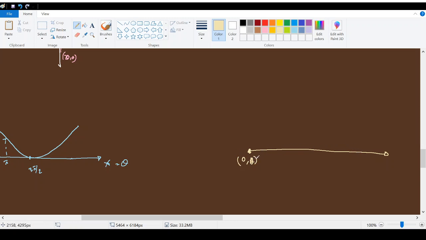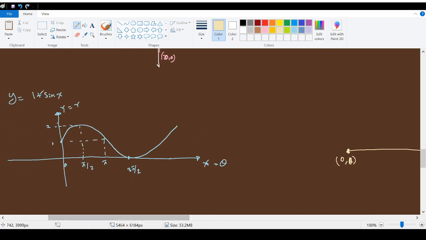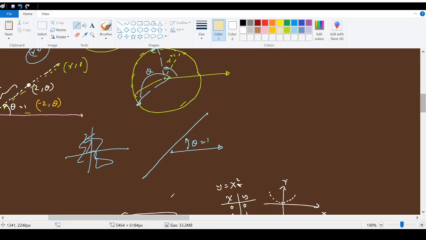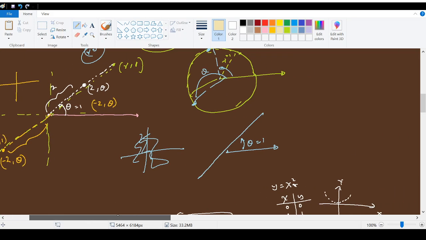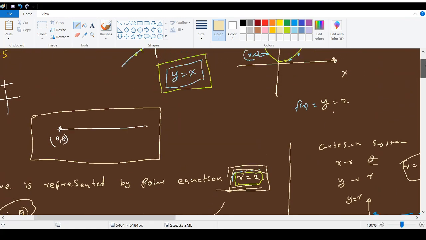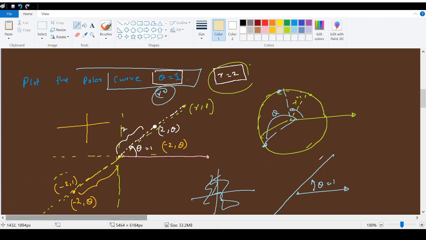Then we should find the suitable r values for each and every corresponding theta. That can be done simply by looking at this curve. Remember, in the previous question we computed the values of r against each and every value of theta. I think I have erased that problem.